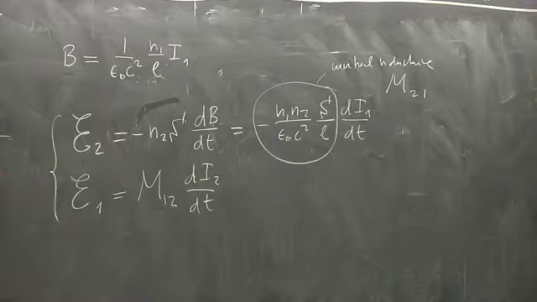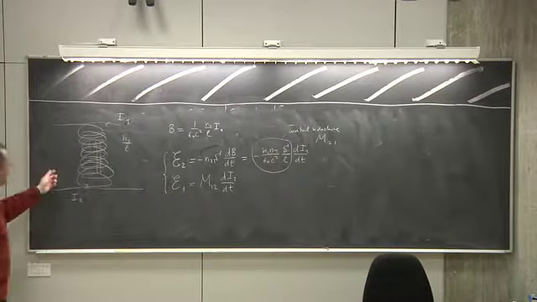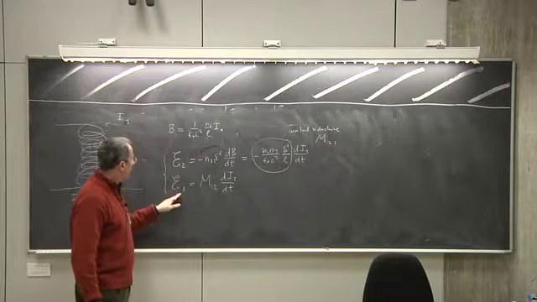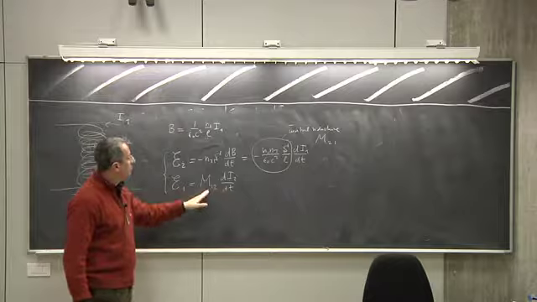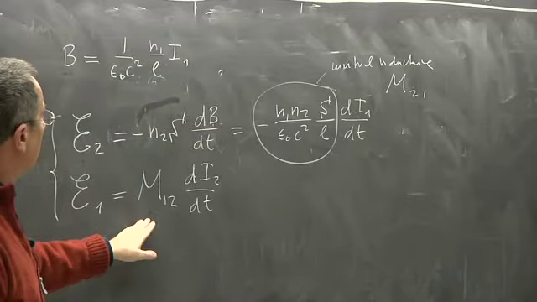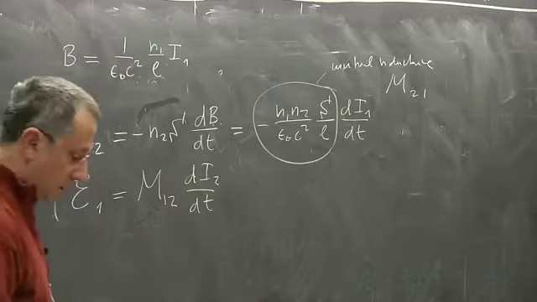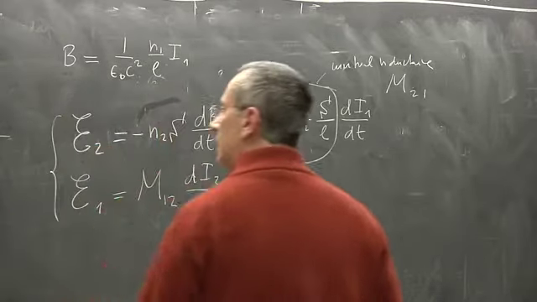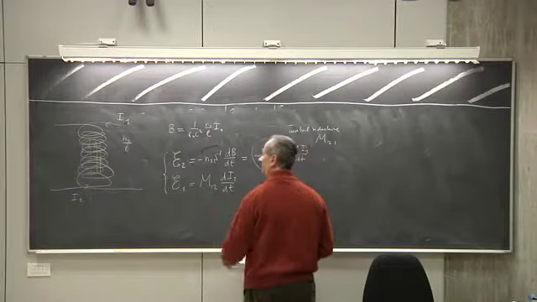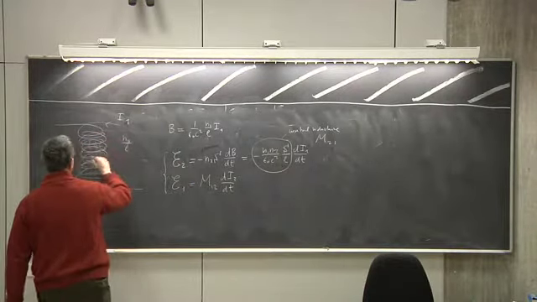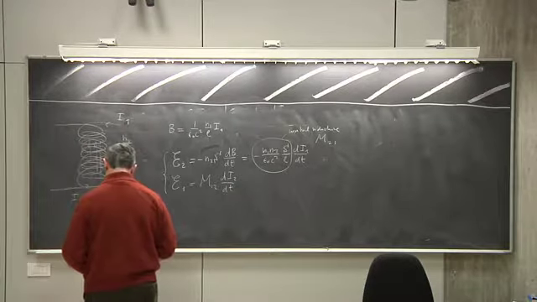So this coupled system of 2 coils can induce in one another electromotive forces proportional to this coefficient that we call mutual inductance, and proportional to the change in the electric current that you are putting in. Now this can be compared, remember, to a single coil.